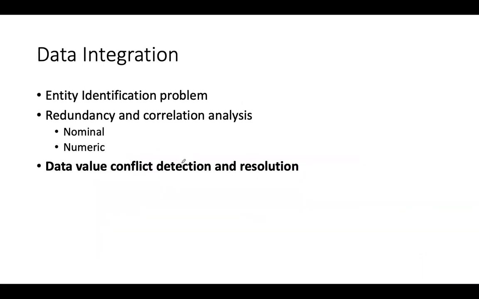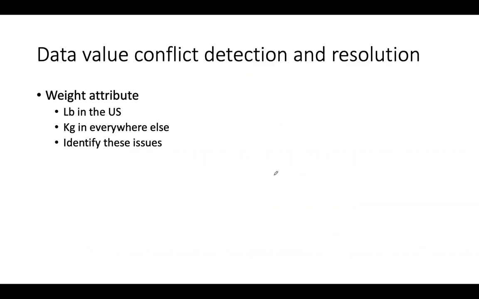And then lastly here, as we conclude, the other issue in data integration is data value conflict detection and resolution. I think we've already looked at this before, but I'll quickly mention it here. If you're working for a regional store, you realize in the States, we use pounds. Elsewhere in the world, we use kg, right? Or maybe gallons.